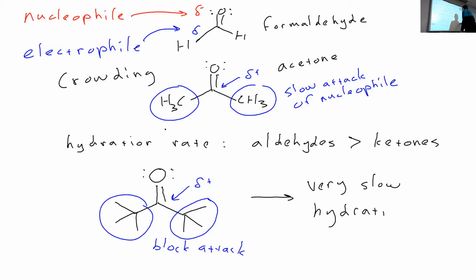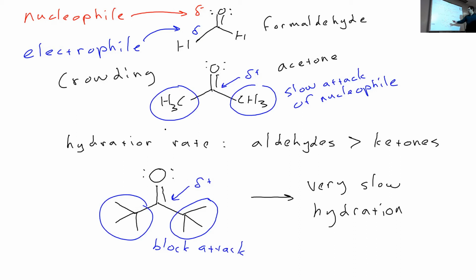So similar to any nucleophilic reaction, an SN2 reaction, or many of our other nucleophilic reactions that we've looked at, the more crowding you have at that site, the slower that reaction is going to be, and therefore the less of your product you'll actually see produced.